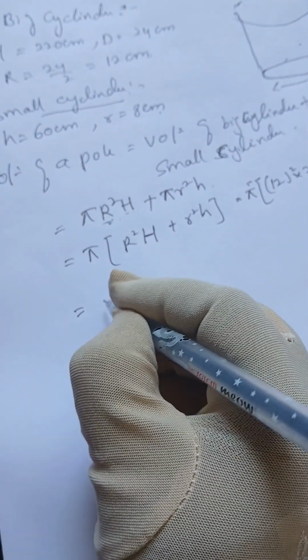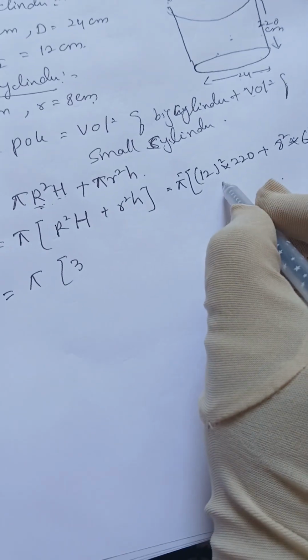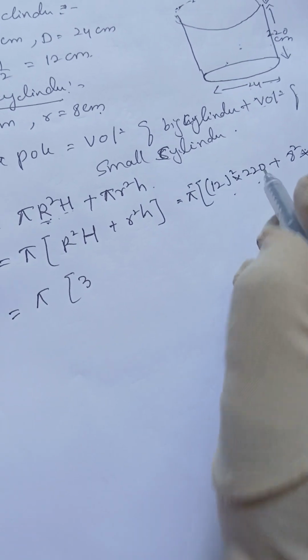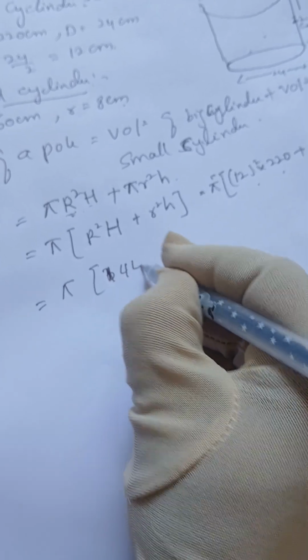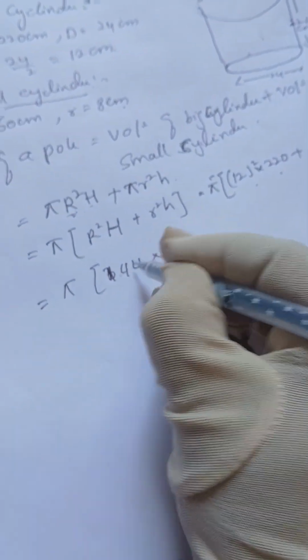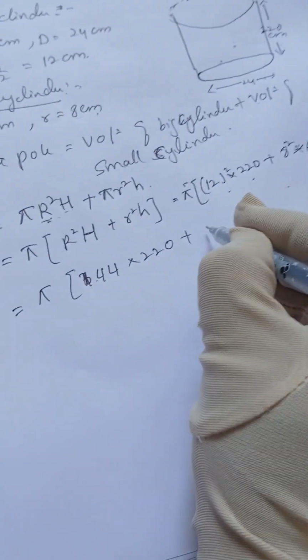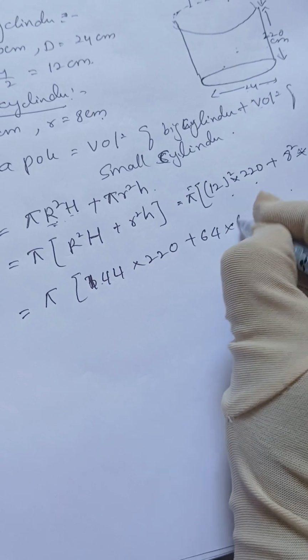Now what we will do: pi into 12 square into 220, 12 square is 144 into 220, plus 8 square is 64 into 60.